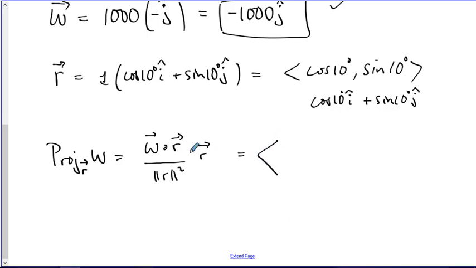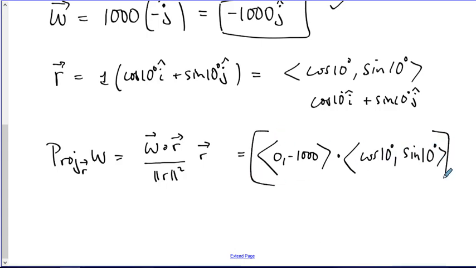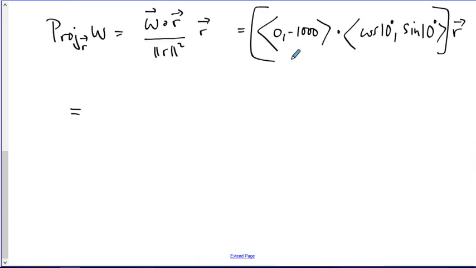So let's put w, which could be written as 0, negative 1,000, and r, cos 10, sine 10. This is all scalar, and it's times r. So I just do a dot product here. 0 times cosine of 10 is 0, plus negative 1,000 times sine of 10.